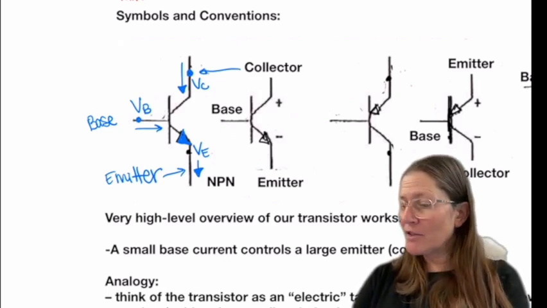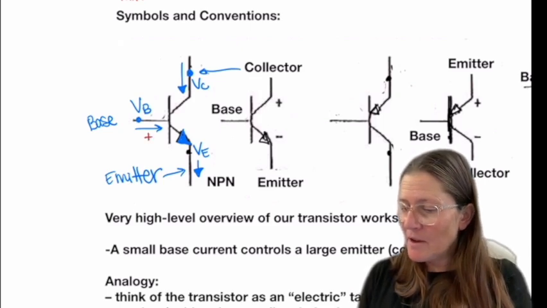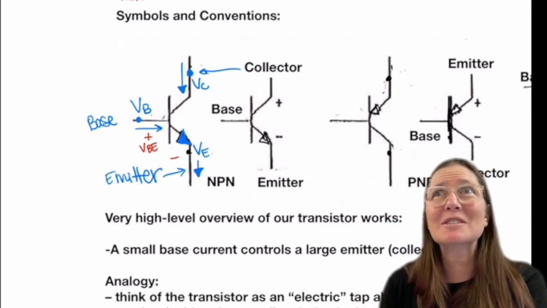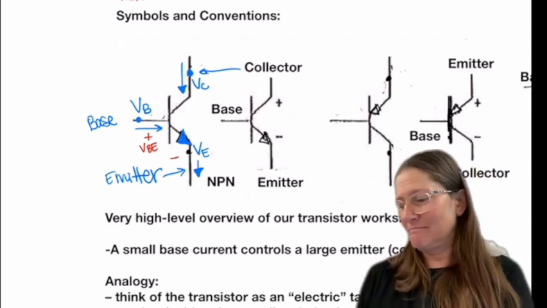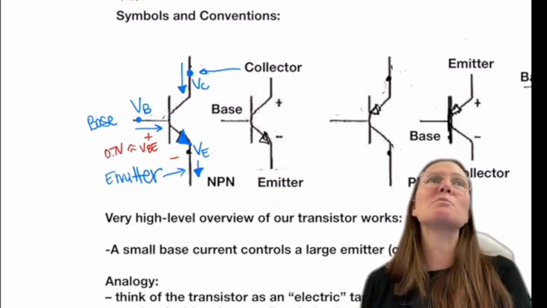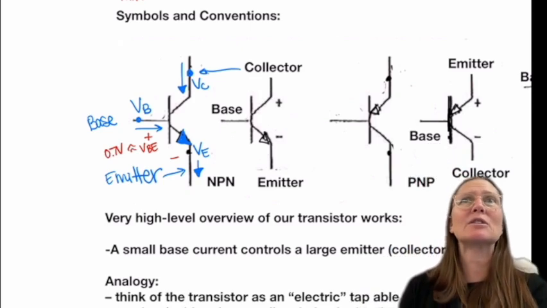Then we have the differences. Knowing that this is a diode, what do you assume this voltage is going to be? Correct. We make the assumption that it's 0.7 volts and it's acting like a diode.